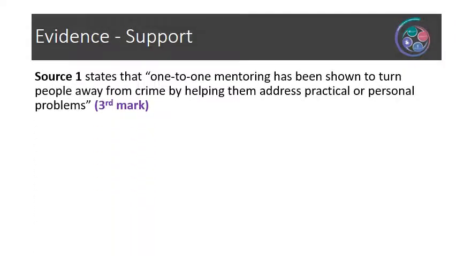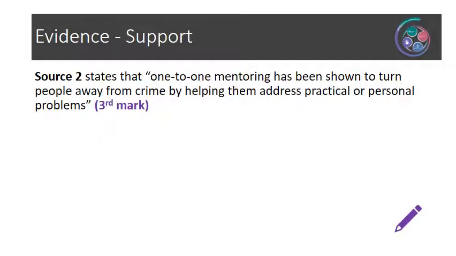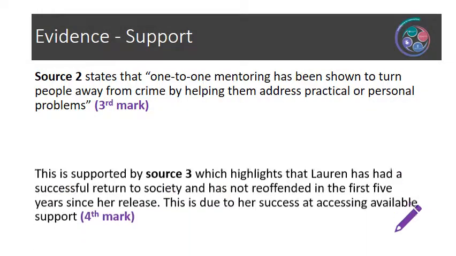And we want to synthesize that information with evidence from another source. In this case, we will go into source 3, and we will take information from one of the prisoner profiles. As you will see here, very simply, if we take out the evaluation, all we're doing really is listing different reasons to support Ivy Jackson, and if we can achieve 5 of them, then that will be 5 marks.